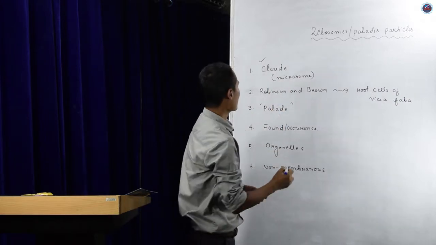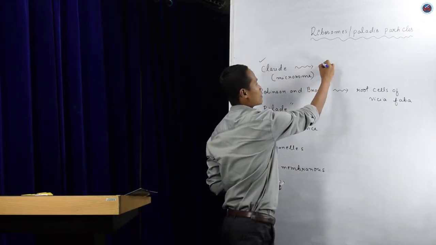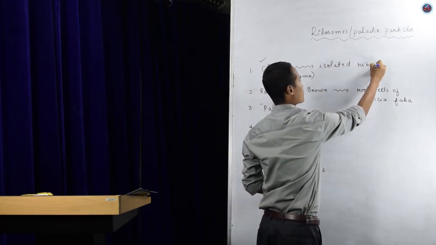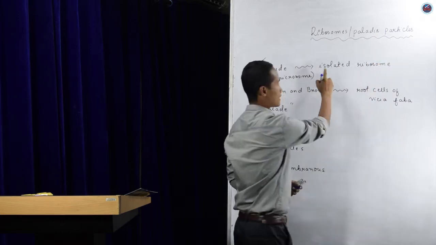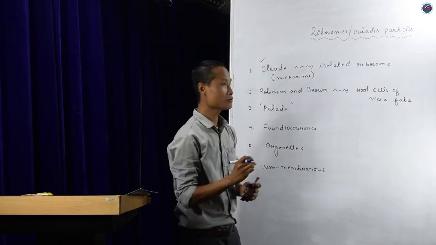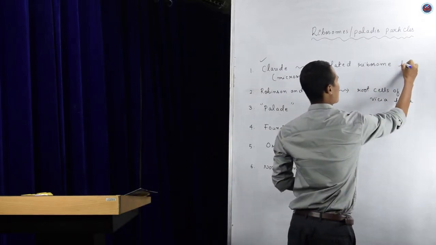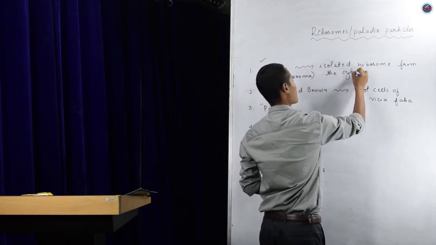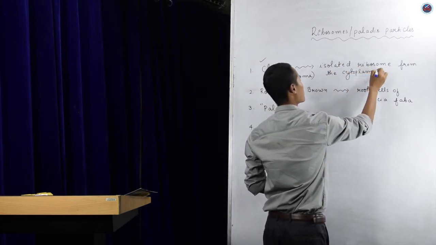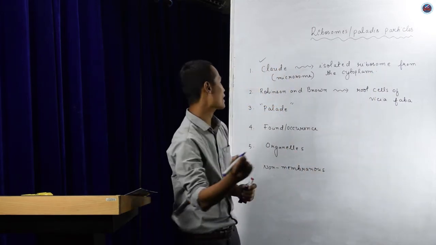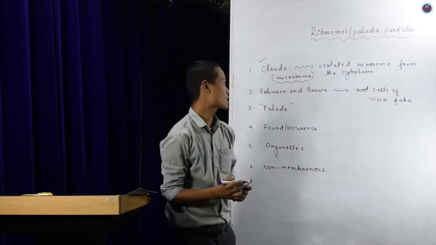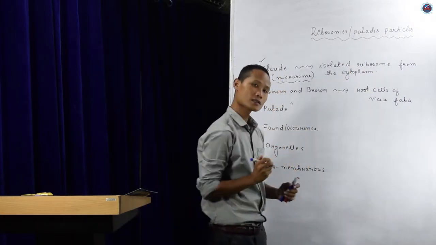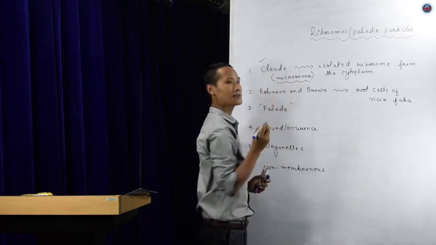He isolated the ribosome, meaning he took it out from the cytoplasm, and he named it microsome. For the first time, Claude isolated ribosome from the cytoplasm and named it microsome.